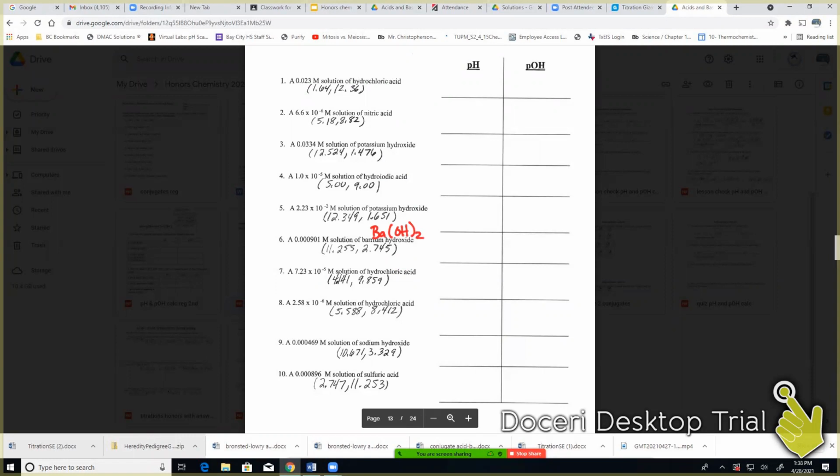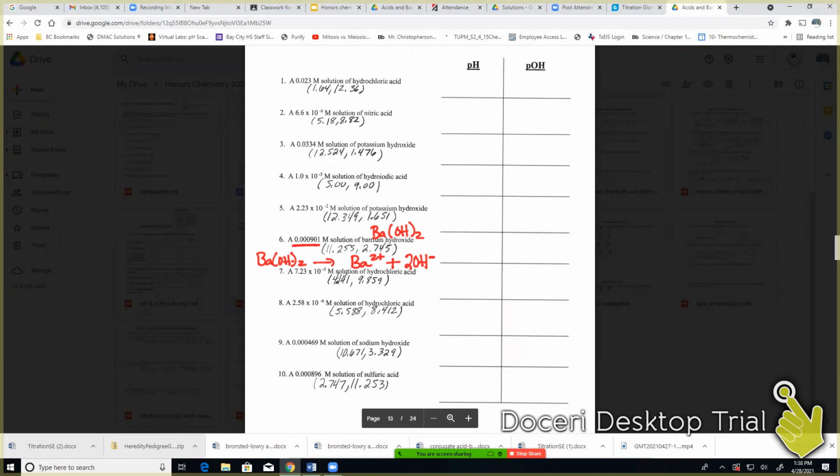So that means when it ionizes, I end up with a barium 2 plus, but I have 2 hydroxides. And if you go back to whenever we talked about solutions, I have to take the original concentration and multiply it by the coefficient.